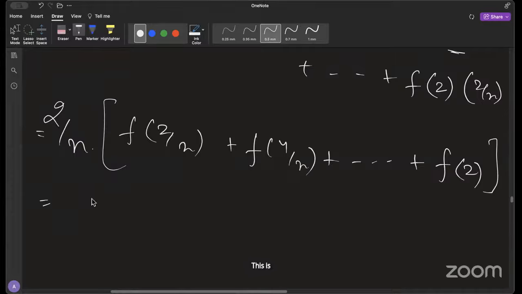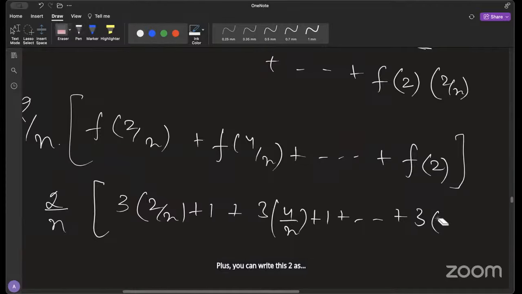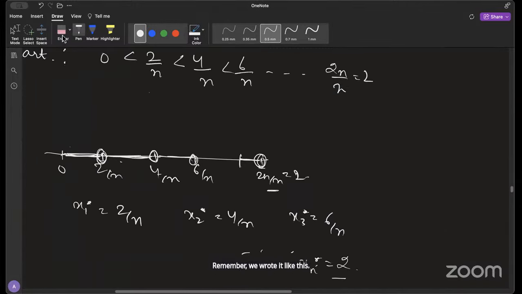This is equal to 2 by n times 3 times 2 by n plus 1, 3 times 4 by n plus 1. This will be 3 times 2, and you can write this 2 as 2n by n. Remember, we wrote it like this, 2n by n.